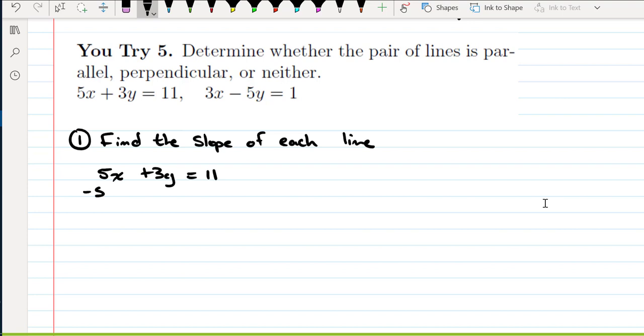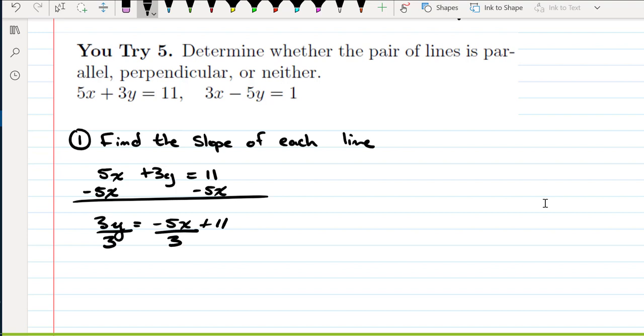So we would minus 5x and minus 5x. And that gives us 3y is equal to negative 5x plus 11. We divide by 3, divide by 3, divide by 3. Finally, we have y equals negative 5 over 3x plus 11 over 3.